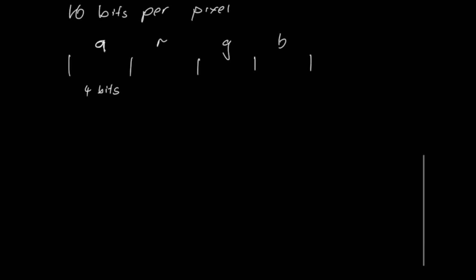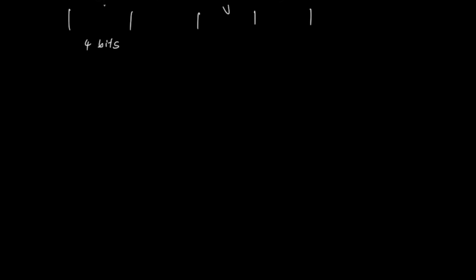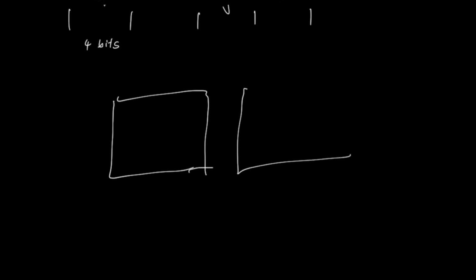Now, the other approach we're going to be taking is for each of our layers, we're going to have 2 buffers in RAM. So there'll be 4 buffers in total. And at any one time, one of these will be the back buffer and one will be the front buffer. The reason we do this is because that way the front buffer will be the one that is getting displayed to our LCD screen.